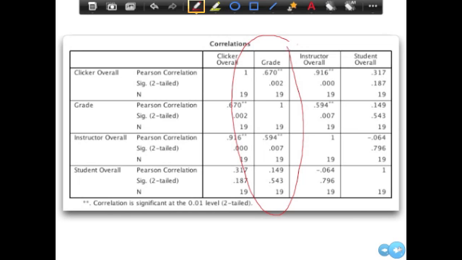And what this is telling me is that I can use how they're performing on the clickers to correlate to their grade. That's what I was hoping to see. And furthermore, I can see that when I do mine, it's still correlated. That's what the two little asterisks are saying, that there is definitely a relationship.